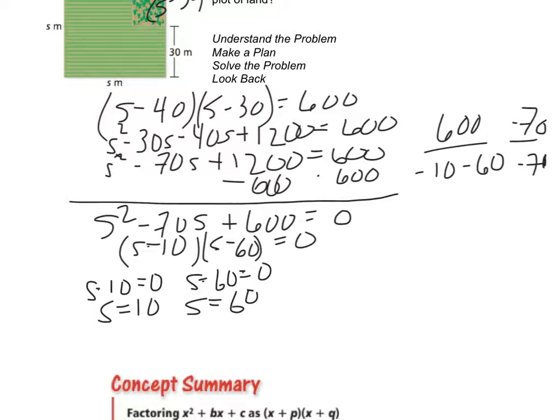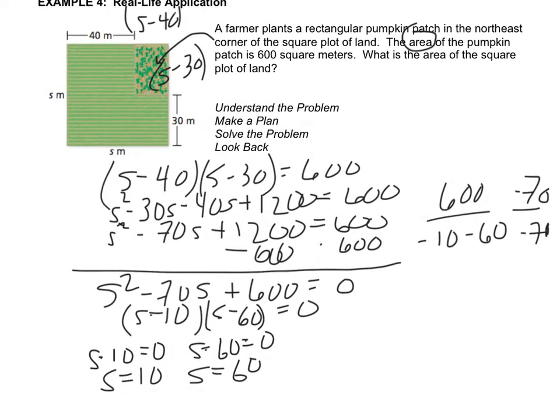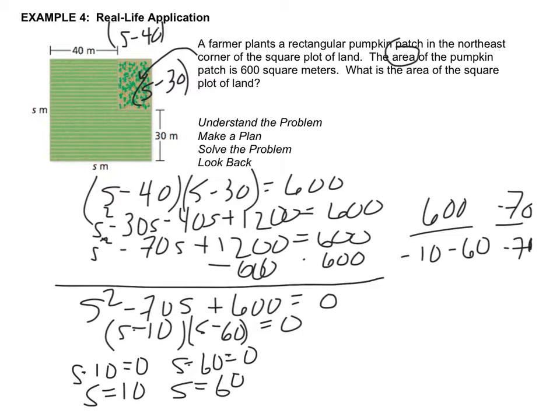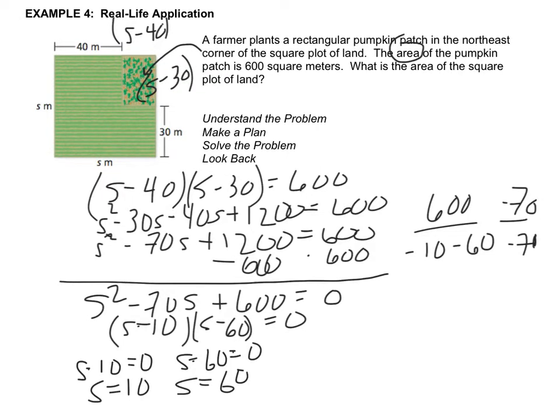All right, now, if I go back up into my picture here, we want to look at the numbers that we have in front of us. So if S equals 10, is that a possibility?